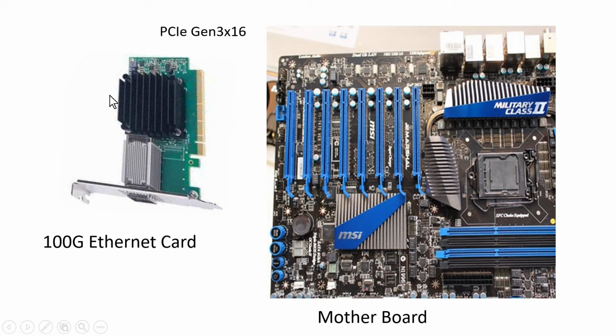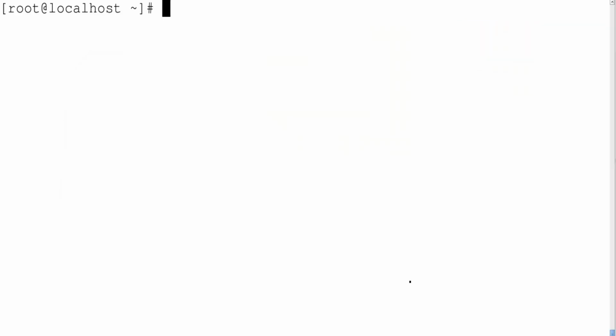But now I am telling you practically, when you connect this card on this motherboard, how can you check what is the width of this PCI slot we have? Let us see. Friends, this is the host machine where I have connected the 100 gigabit Ethernet card. As you know, we have connected this card on the PCI slot. So to get the details of any device attached to the PCI slot, we have a command in Linux which is lspci.